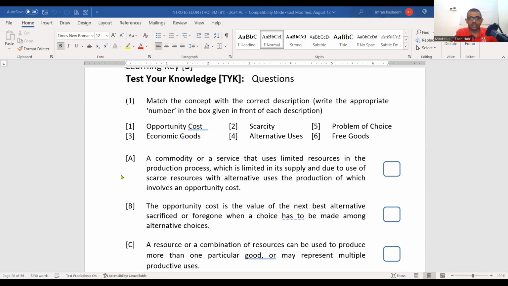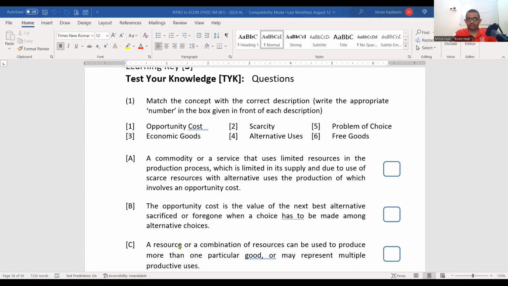But anyway, A: a commodity or service that uses limited resources in its production process, which is limited in its supply due to the use of scarce resources with alternative uses, the production of which involves opportunity cost. What is A? Okay, good. You guys are responding. I need more responses, please.